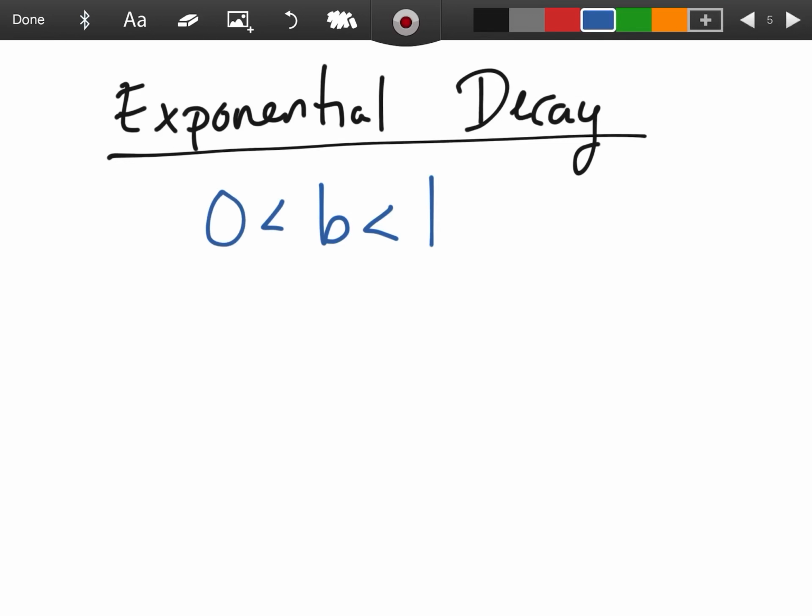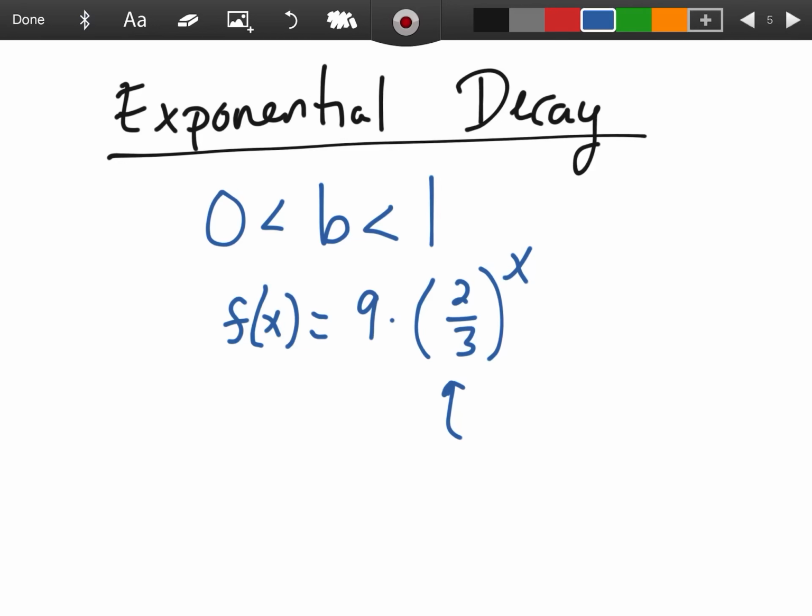Of course, we know it has to be greater than 0, so if it's less than 1, it's going to be decaying. Well, imagine that I have some f of x is equal to 9 times 2/3 to the x. Well, this is telling me my growth factor is 2/3, so every time I'm multiplying the previous value by 2/3, it's going to decrease each time because I'm multiplying it by a number less than 1.